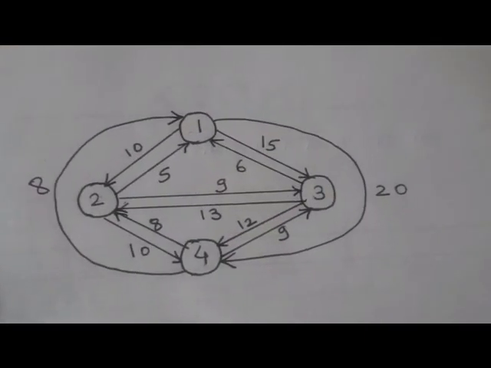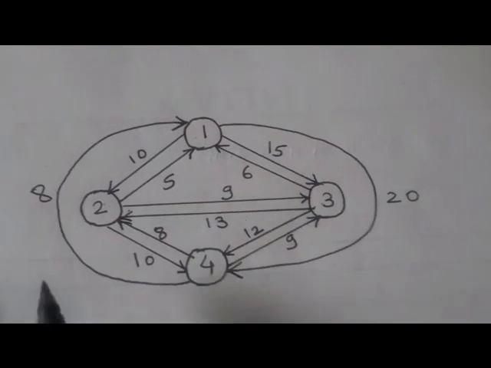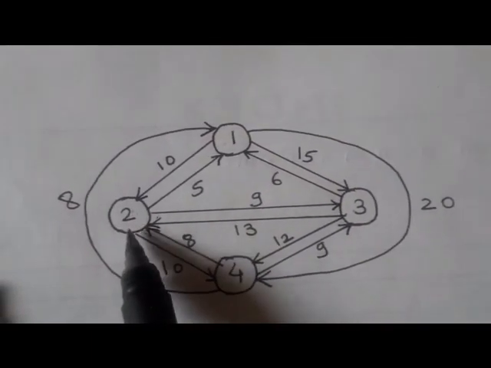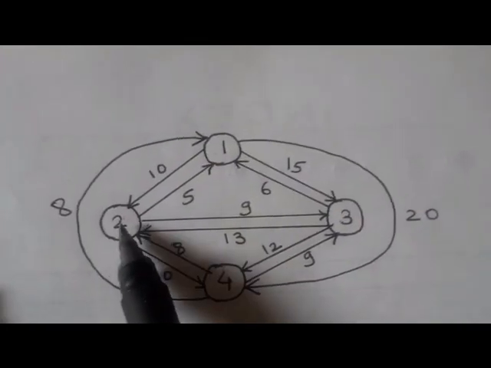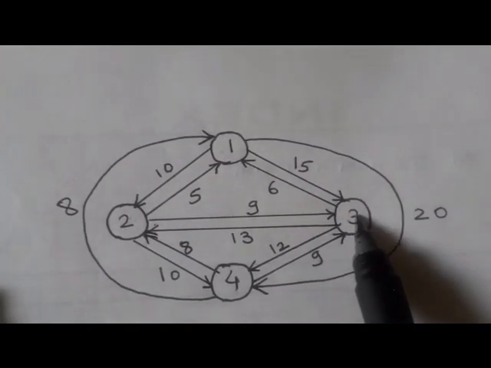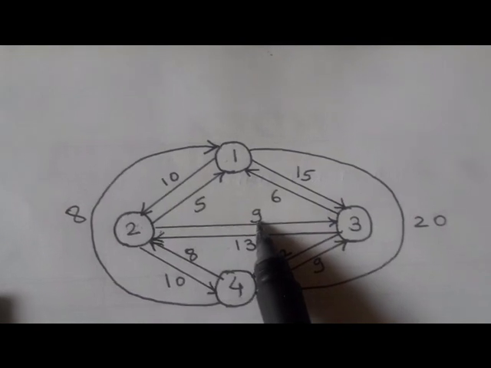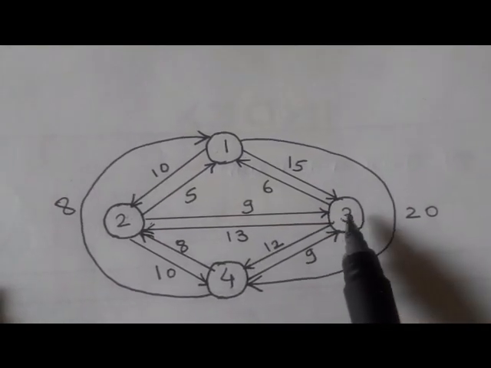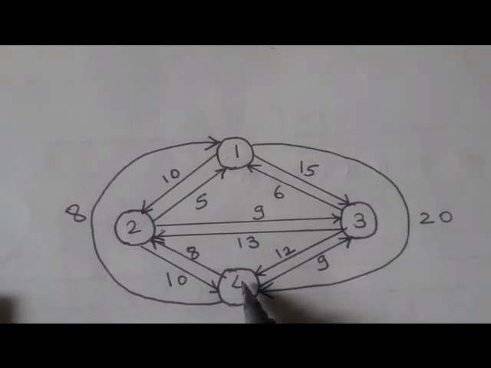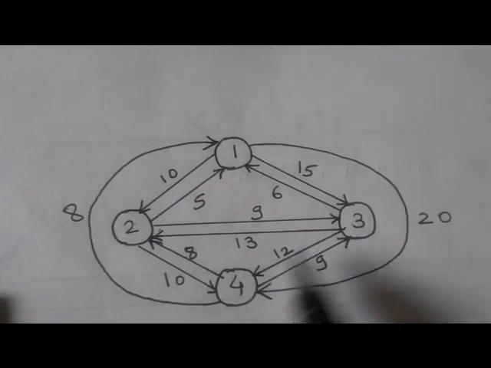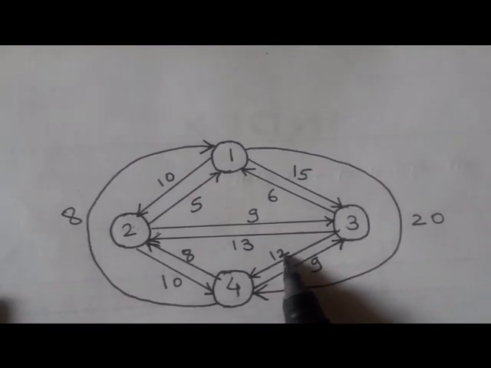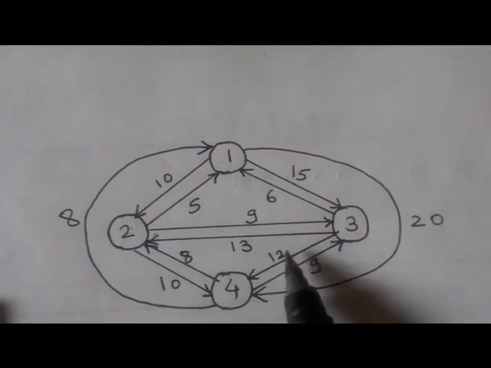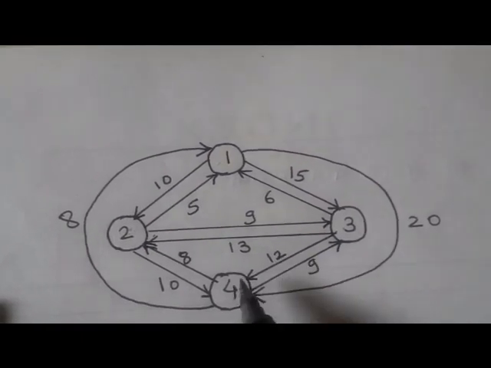Now we will see another starting vertex; we consider that 2 is our starting vertex. Now we visit from 2 to 3 using edge 9. Then after this, we visit vertex 4 using the edge 12.